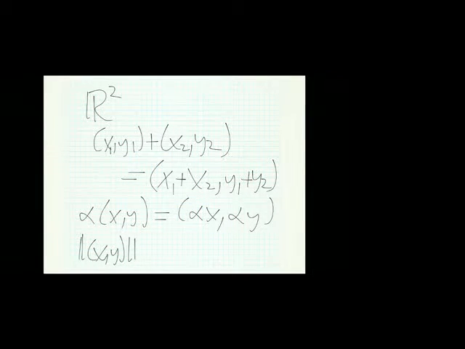So the norm is exactly what we had mentioned earlier as the distance from 0. The distance from 0 would be something like the square root of x squared plus y squared. And you see that now the distance from x to y, the distance between 2 points in R2, is exactly the distance that we're familiar with. In fact, the topology is the one that we're familiar with.